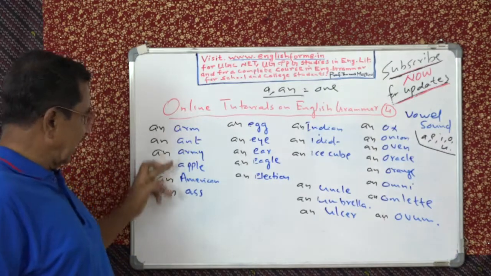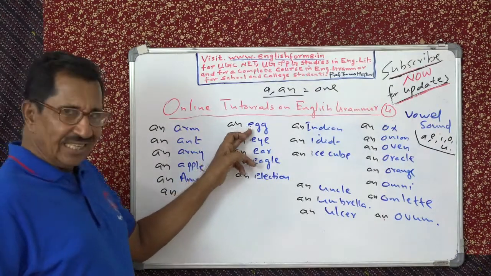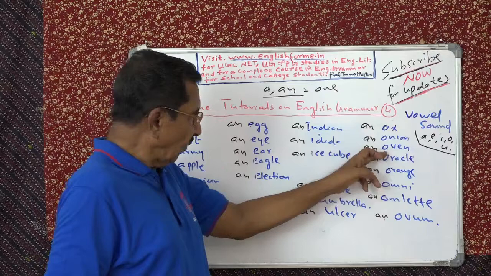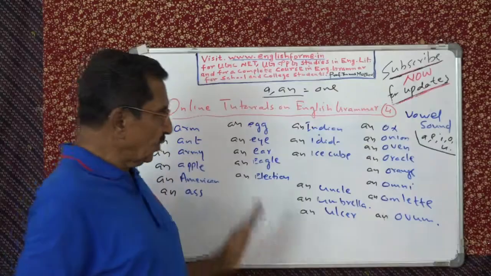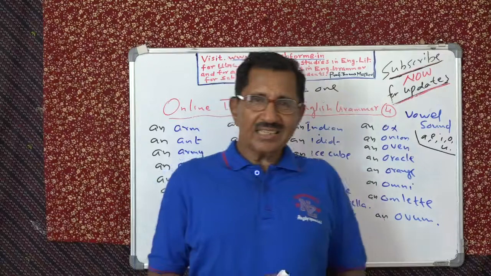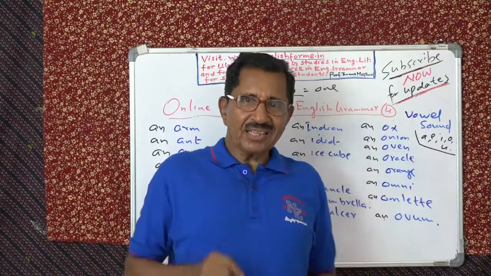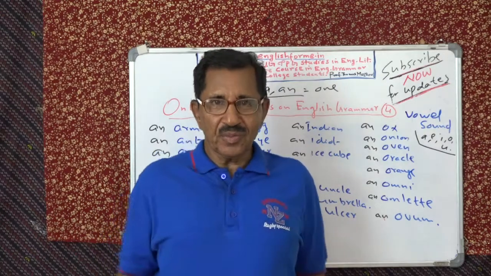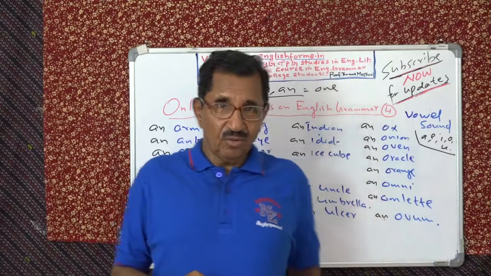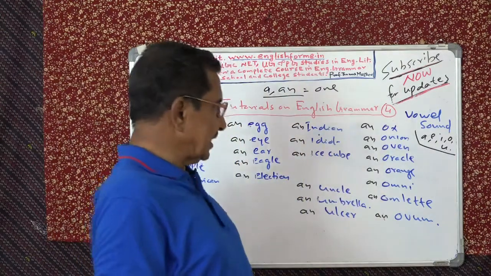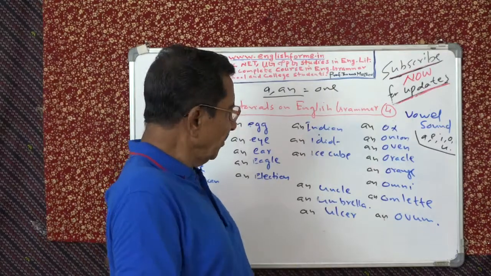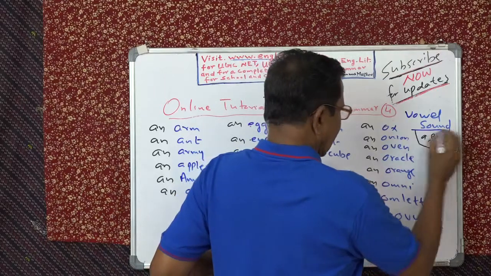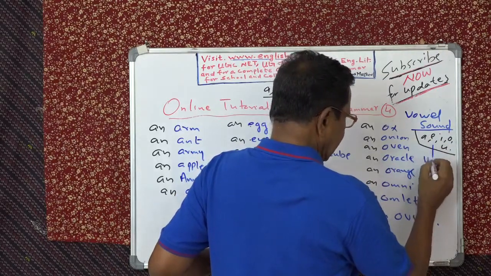For example, you can see A, you can see the letter E, you can see I, you can see O, you can see U. So you say that any singular count noun that begins with A, E, I, O, U. These are vowel letters.